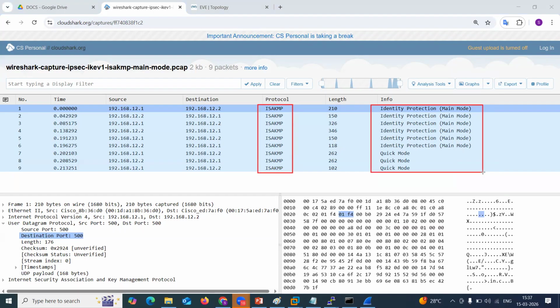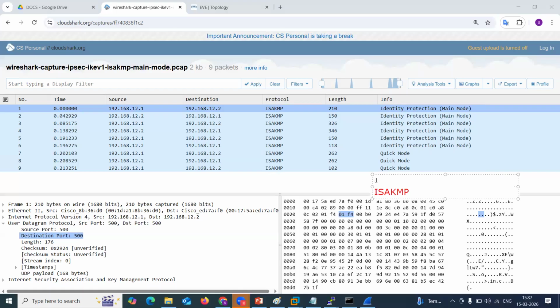Now there are multiple variants inside. ISAKMP right now uses UDP port number 500, but there can be a situation where ISAKMP might be using UDP port number 4500 for source and UDP port number 4500 for destination.